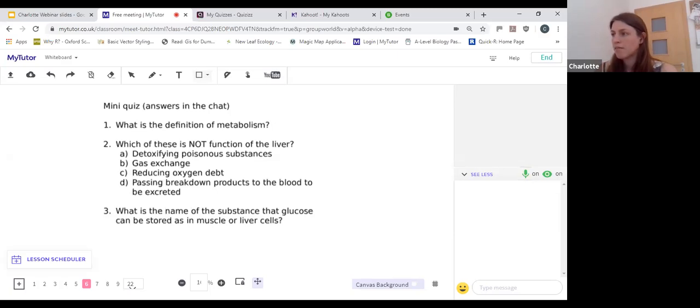Well done, Hayden, Fatima, Zaima, Grace, Kasaya. Nice. The correct answer was B. So gas exchange takes place in the lungs, not the liver. And 3. What is the name of the substance that glucose can be stored as in muscle or liver cells?